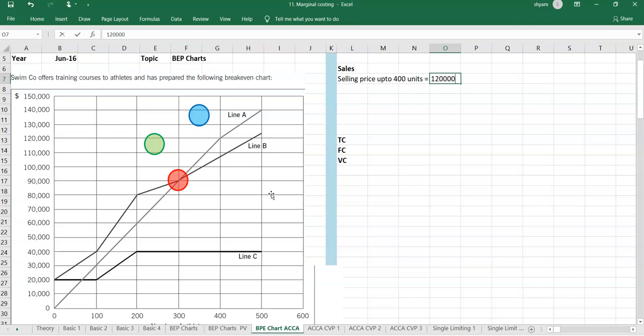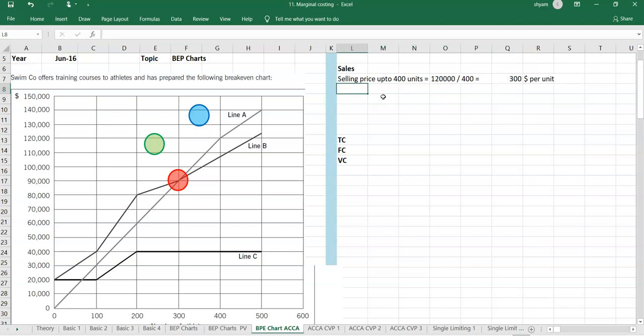So 1,20,000 divided by 400 will give us the answer. So it is $300 per unit. So unit is an athlete, so it is 300.